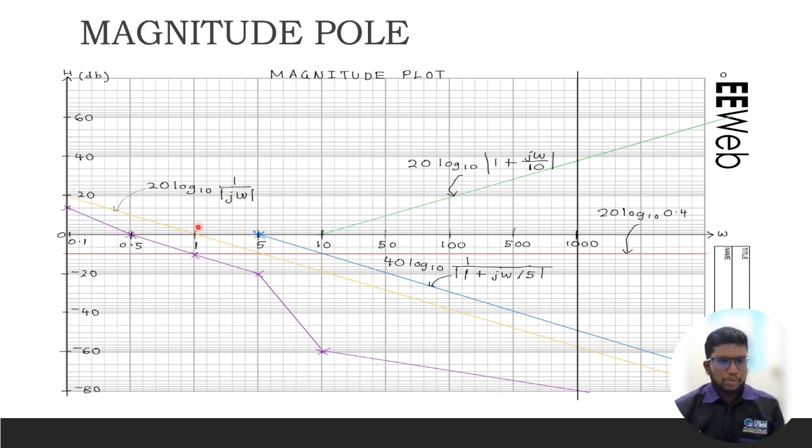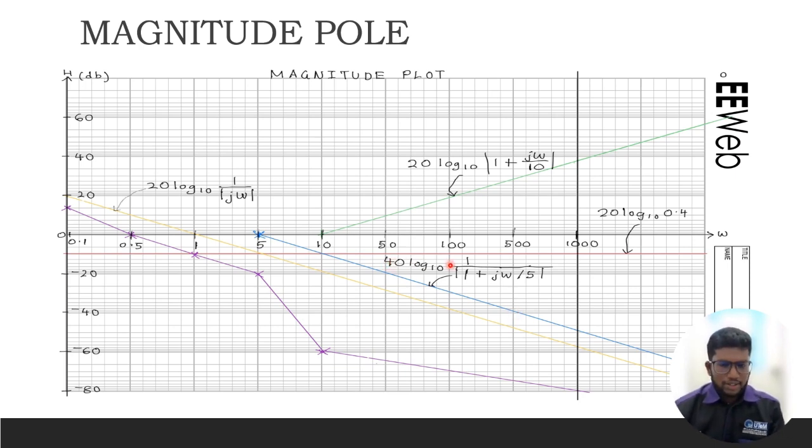And then the simple pole, so I plot from 0 until 5. This simple pole will be to the power of 2. That's why the graph value goes to -40.